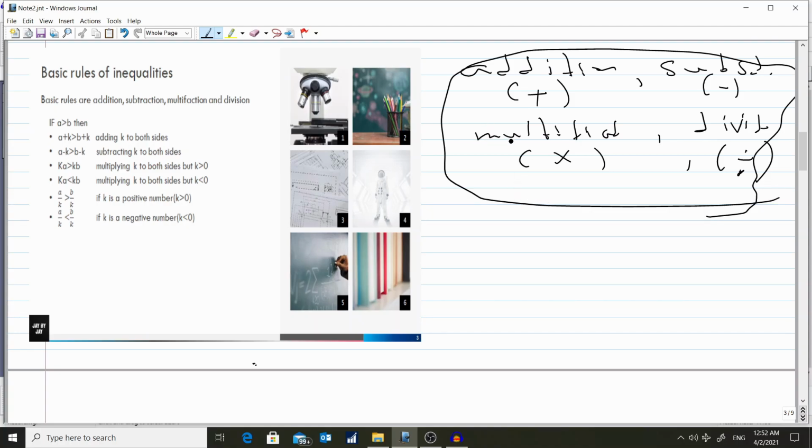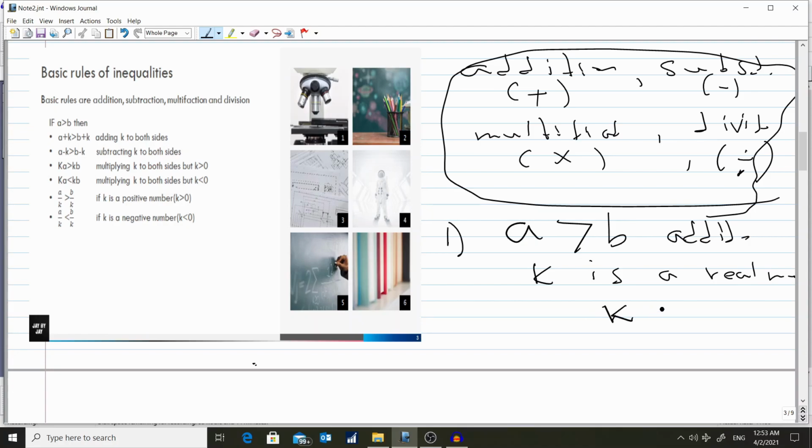As per the first one, we can take a > b. We are mainly looking at the addition part at the beginning. So there's a k value, and k is a real number.